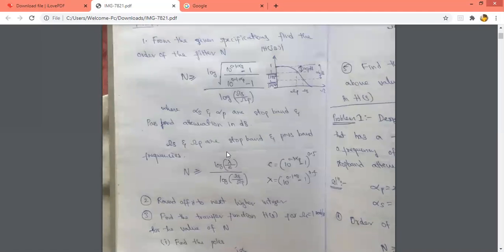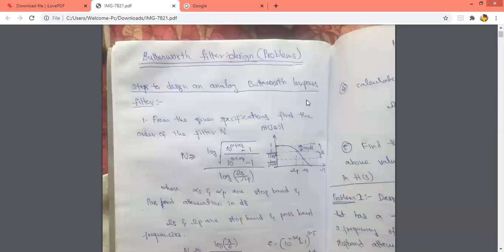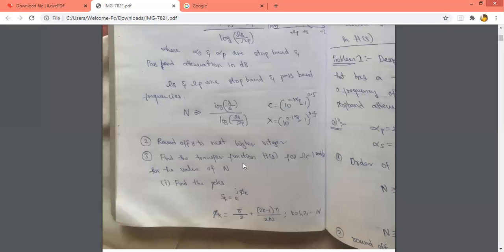After finding the n value, see here we are doing a Butterworth low pass filter. Whenever you design a Butterworth low pass filter, first we have to design the normalized transfer function of that filter. What does normalized mean? The cutoff frequency is equal to 1 radian per second.